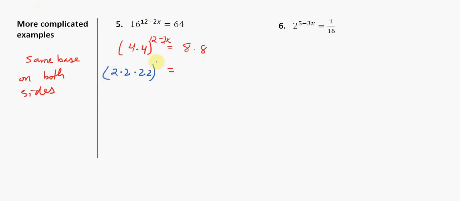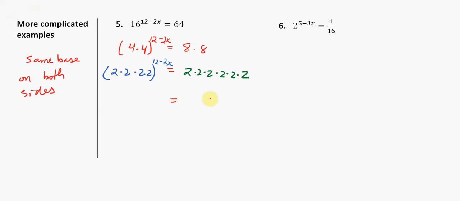And so this gives me my base, and the exponent is 12 minus 2x. And over here, each of these 8s is actually 2 to the third. So this is 2 times 2 times 2 for the first 8, and then another 2 times 2 times 2 for my second 8. All right, so now I basically have everything down into the same base.